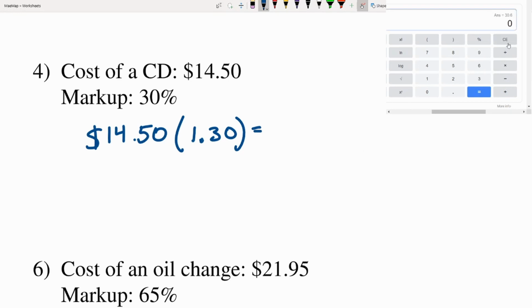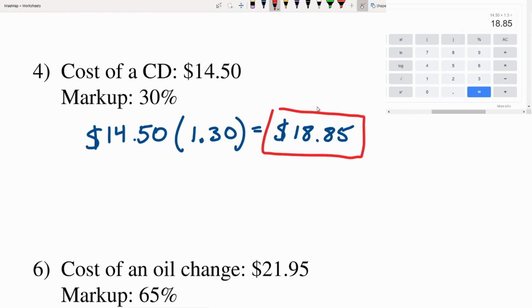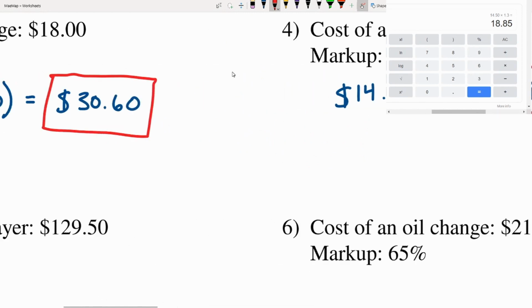So using our calculators again, we'll have $14.50 multiplied by 1.3, or 1.30, to give us $18.85. So $18.85 is the cost of a CD with a markup of 30%. And if you wanted to think about this, $18.85 is indeed more than $14.50, so we did mark it up.